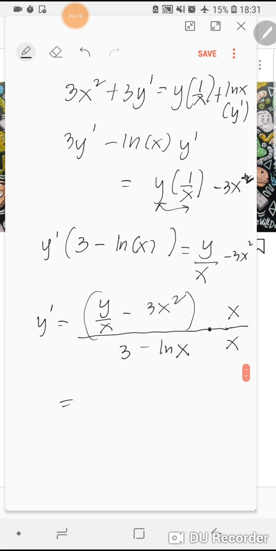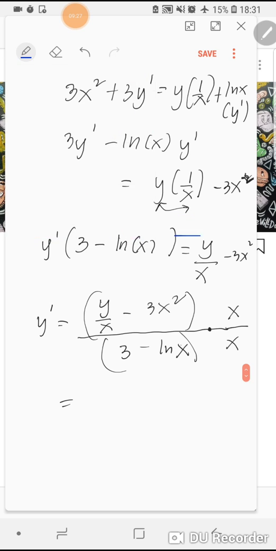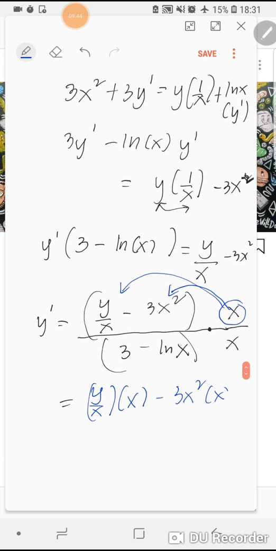Obviously this can be distributed, so let's have blue. Multiply x to this term, y over x times x, so that would cancel out your x, minus 3x squared times x.